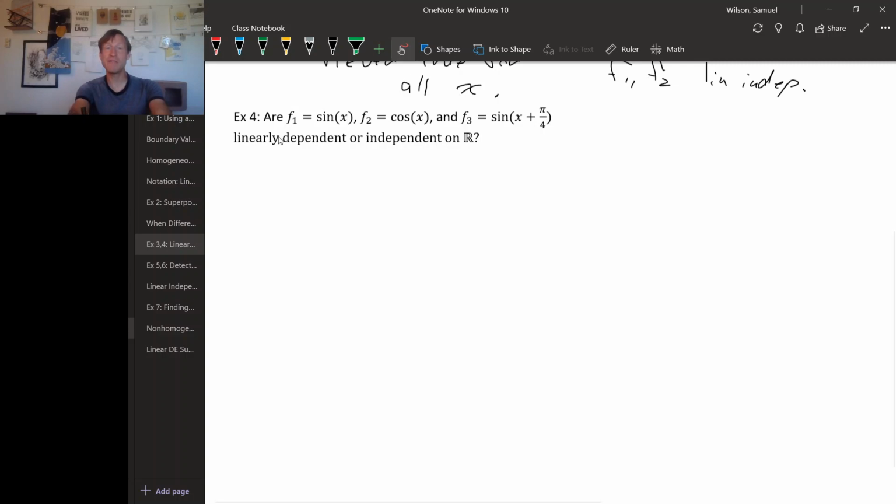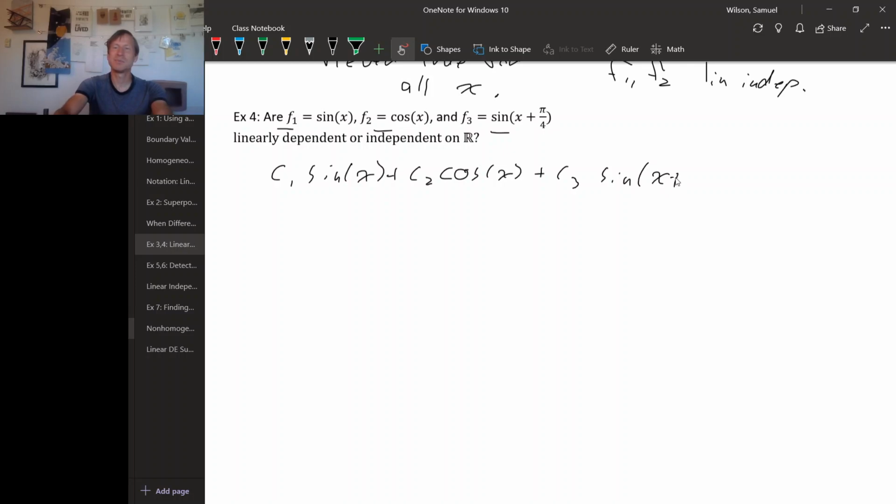What if we take these three functions, so sine, cosine, and sine of x plus pi over 4? Now, it's kind of hard to tell, and trying to actually solve this equation, right, c1 sine x plus c2 cosine x plus c3 sine of x plus pi over 4, trying to find solutions to this equation to see if there are any solutions other than the trivial solution could be a lot of work.